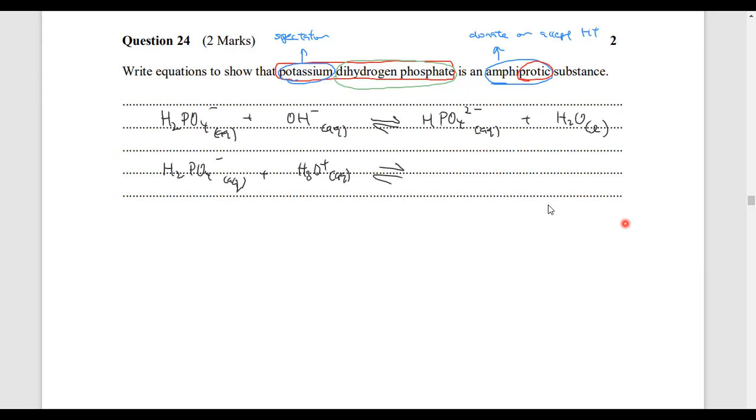And again, it's in equilibrium because it's weak. So this here is it accepting one. You've got it donating one, you've got it accepting one, right? And that's it.